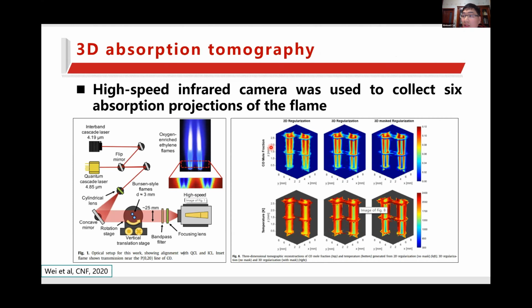People are also trying to do volumetric absorption tomography. For example, Professor Spearing from UCLA also did some great work on this. The problem is they require a high-speed infrared camera, which is really expensive. So for multi-dimensional, multi-angle measurement, it's really expensive.